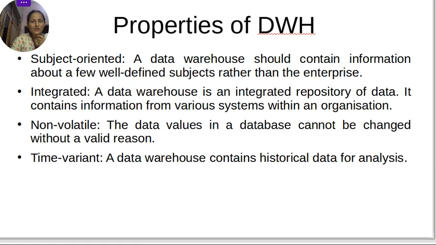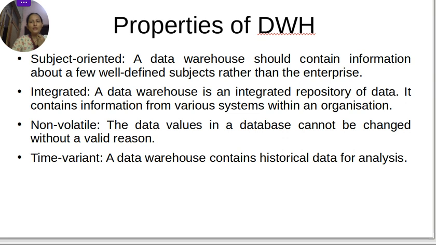Subject oriented means if we want to know the revenue of every month or of the last 10 years, then we don't need to rush here and there. There should be a complete data warehouse where we can access the revenue, sales or profit of any enterprise from a single place.